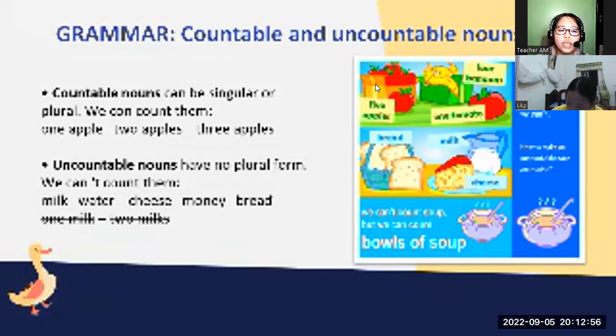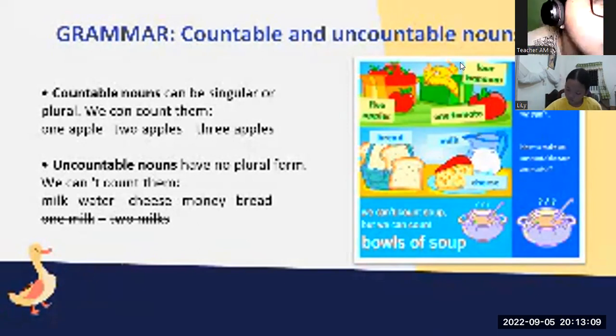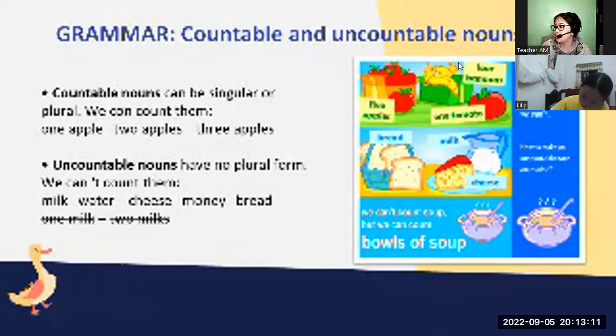Some food we can count and some food we can't. Example, the food that can be counted are apples, tomato, banana, grapes, mango, papaya, and flowers. We can count them. But how to make an uncountable noun countable?